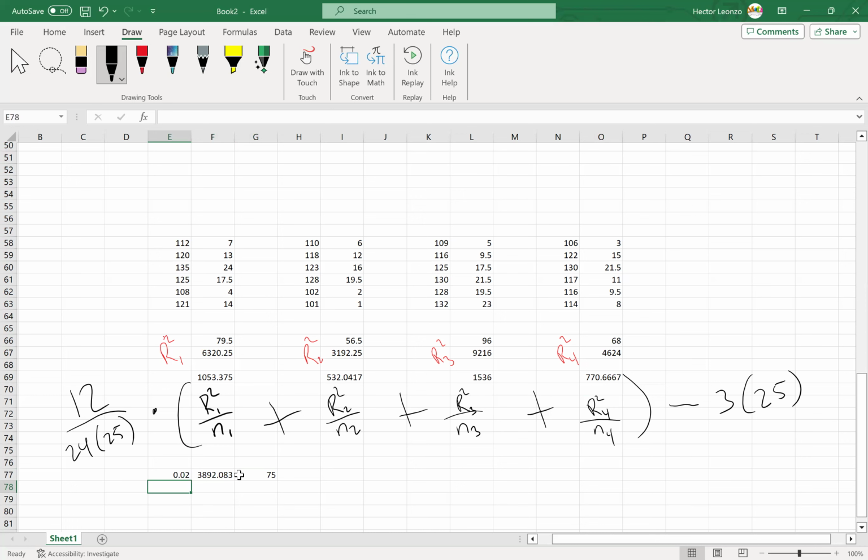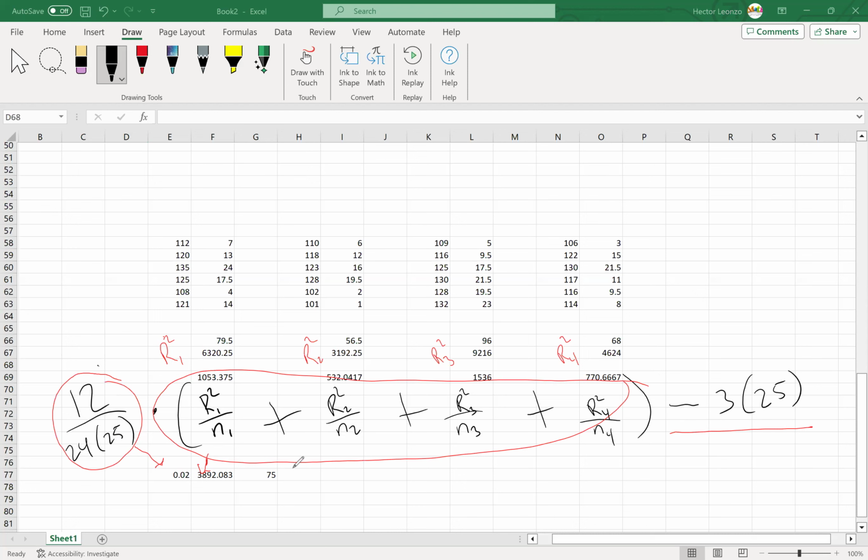According to my formula, I had to multiply these first two numbers. Remember, 0.02 is this. That's 0.02. My parentheses, when I added these, that's this number. And I know how to multiply those. But then I have to go minus this number. Okay, so I'm going to have the calculator figure that out.